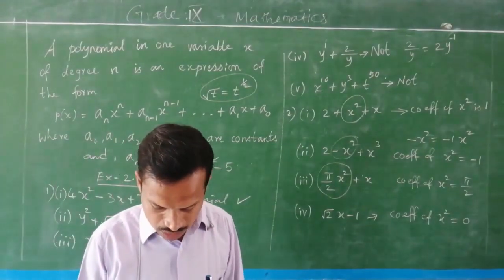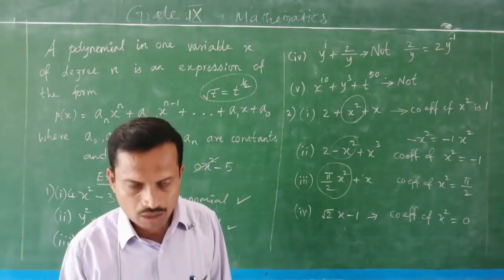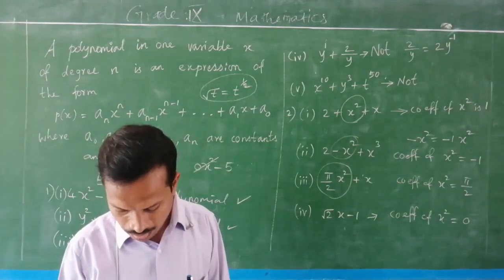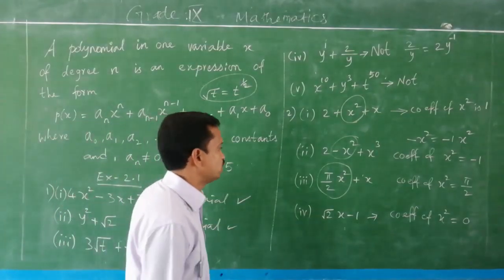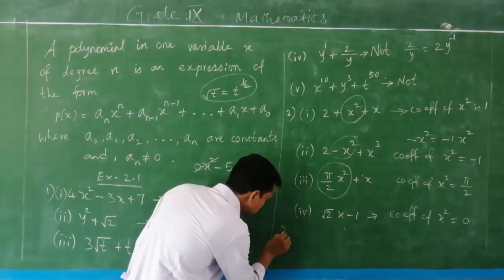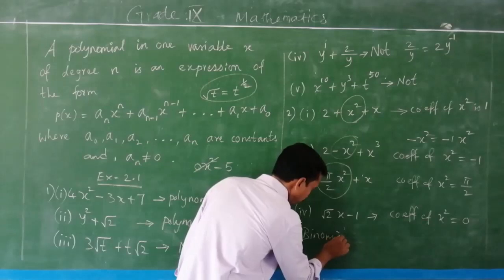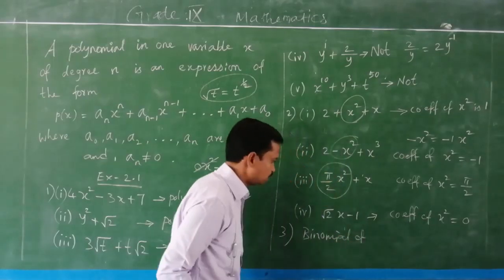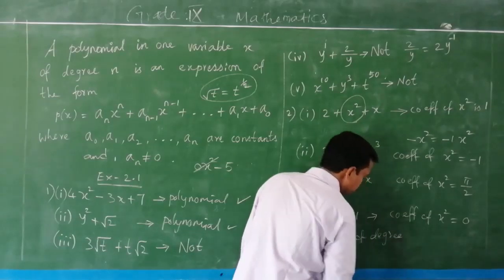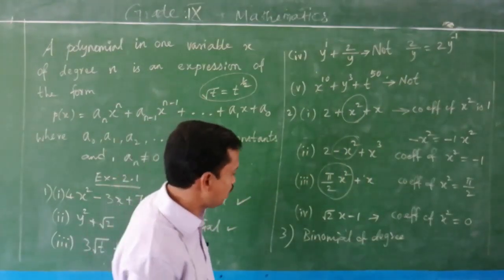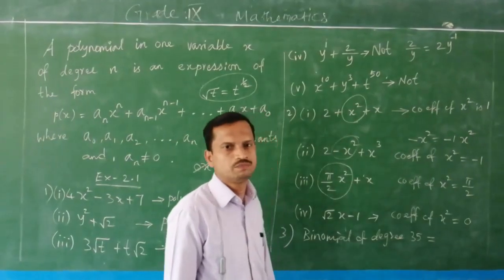And in question number 3, they are asking, give one example each of a binomial of degree 35 and a monomial of degree 100. For example, write the binomial of degree 35. So binomial means what?